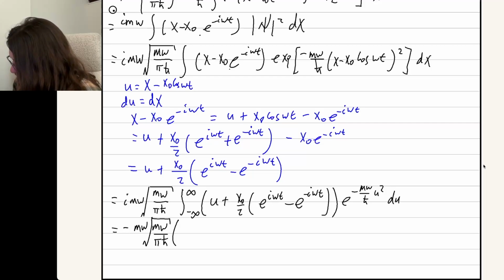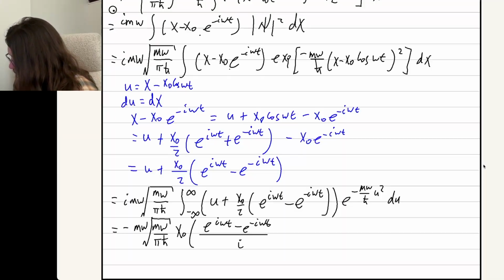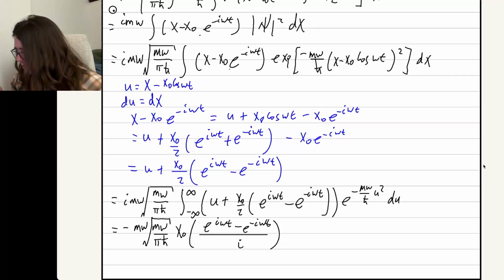This is going to be x naught, and this is e to the i omega t minus e to the minus i omega t over i. All I did there was switch around the sign by putting the i on the bottom of the fraction. And there's also a 2 here.